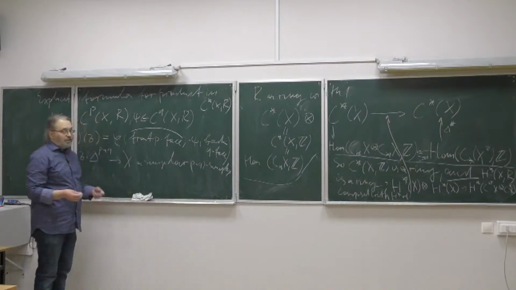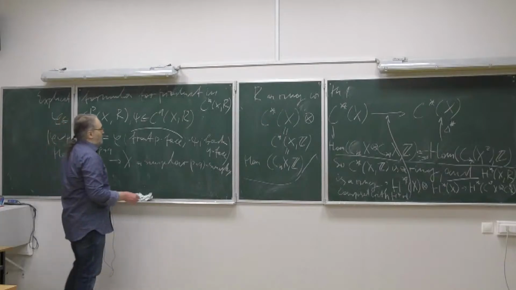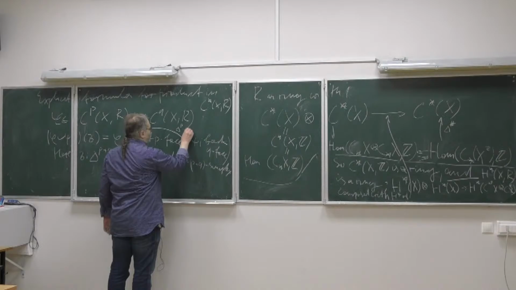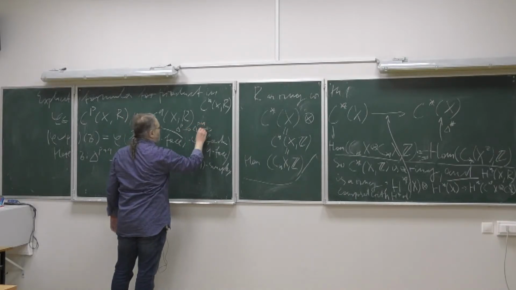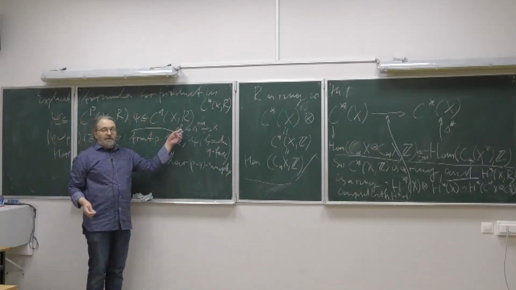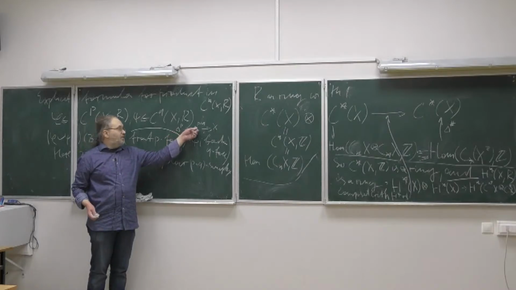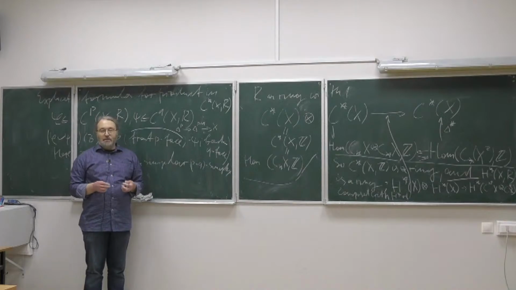well, let's start with the front face. I take delta p and map it into delta p plus q as the front p face.